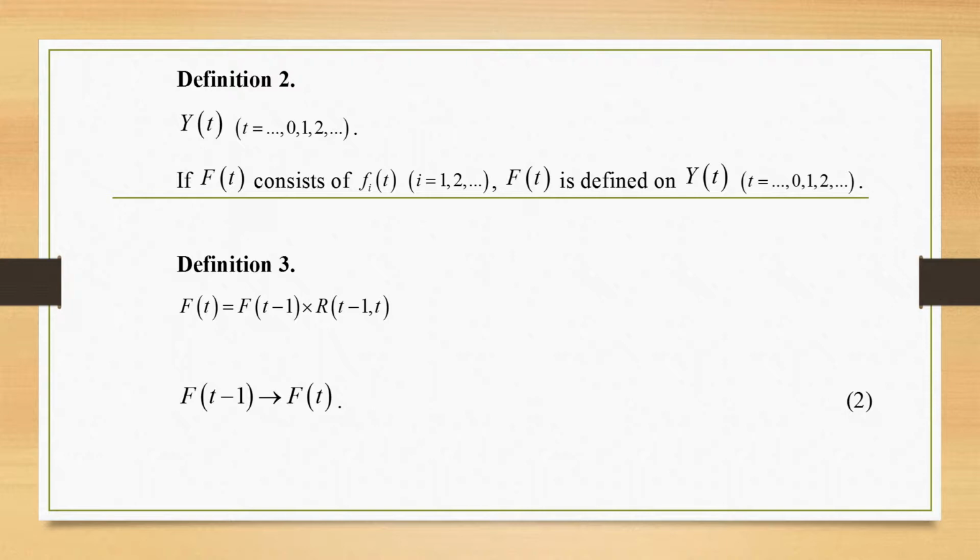If there exists a fuzzy relationship R(t-1,t) such that Ft equals Ft-1 multiplied by R(t-1,t), where multiply is an operator, then Ft is said to be caused by Ft-1. The relationship between Ft and Ft-1 can be denoted by equation 2.